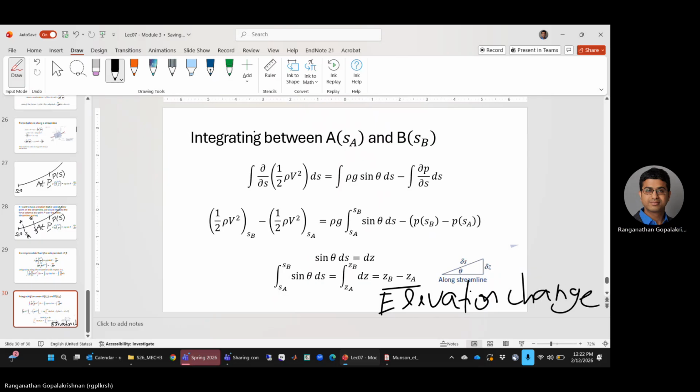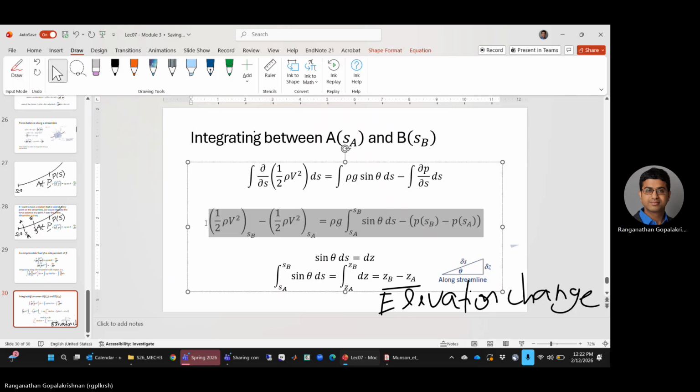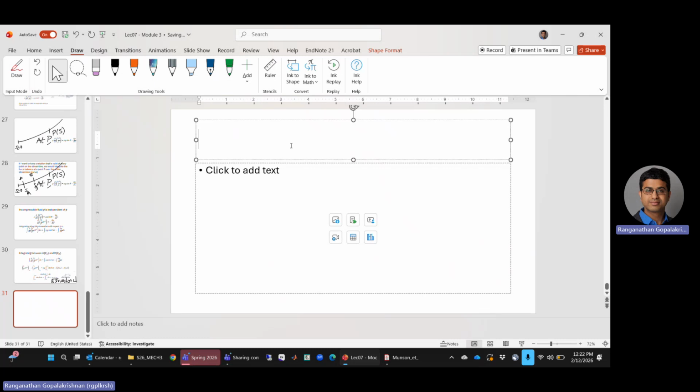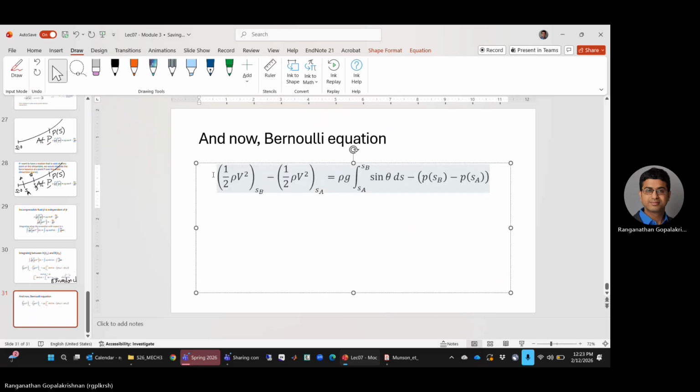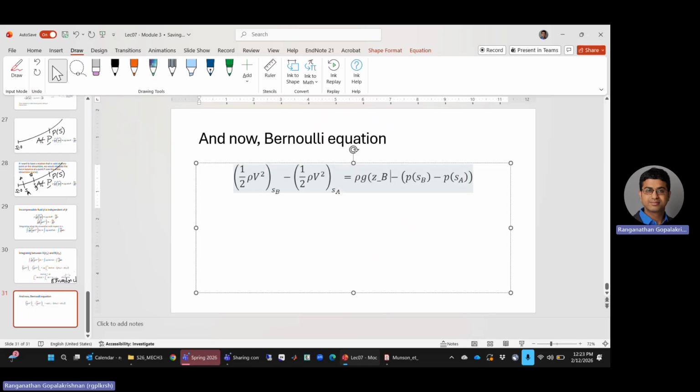Elevation change. Okay, so now we are one step closer to the famous Bernoulli equation. I'm going to write that here. Bernoulli equation. I'm going to replace this with ZB minus ZA.